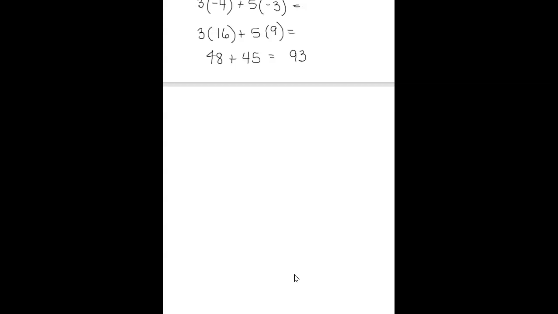All right, if we have, say, 3 times a negative 1 minus 2 times 1, and I'm going to cube this. I'm going to raise it to the 3rd power. So my order of operations is telling me that I have to do this piece first, and I'm going to use my order of operations inside those brackets.